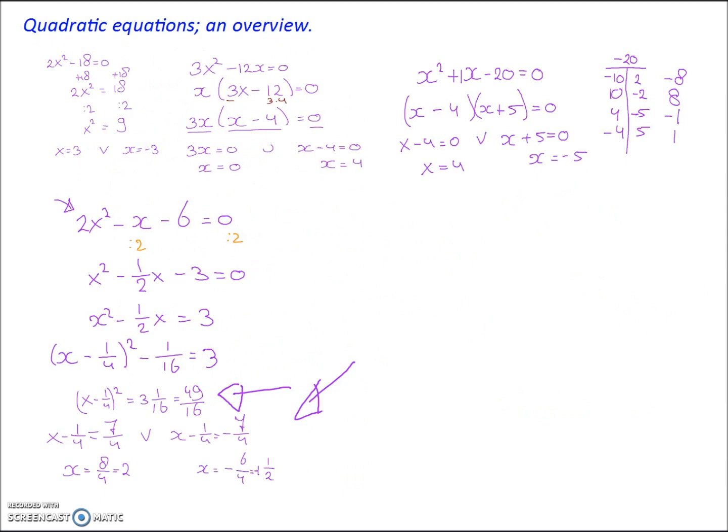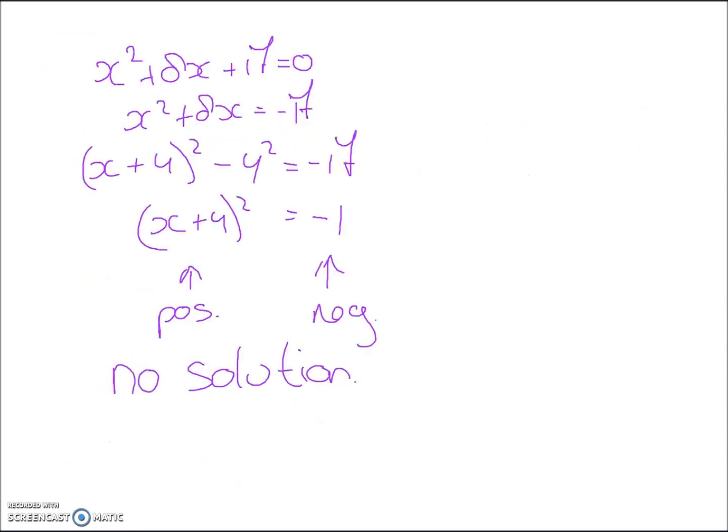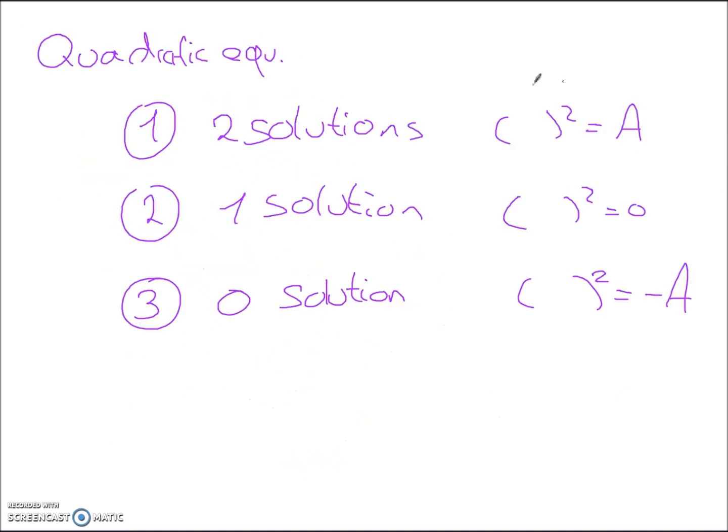I will make videos doing all of these solving methods in more detail, but for now, an overview with two terms, both with an x, one with x squared, or three terms using product sum or using completing the square. And in all cases, you can have either two solutions, one solution, or no solution.